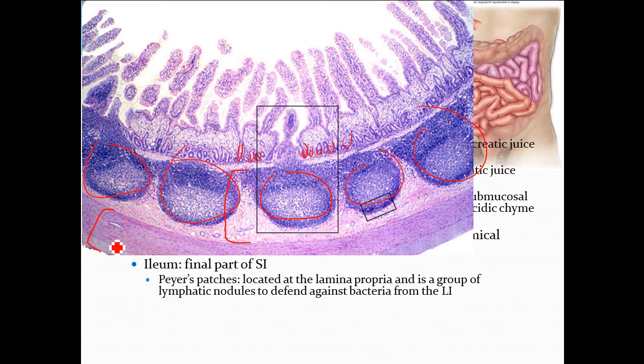Not adventitia. It's a muscle layer. Not the serosa. Yeah, it contains this inner circular layer.